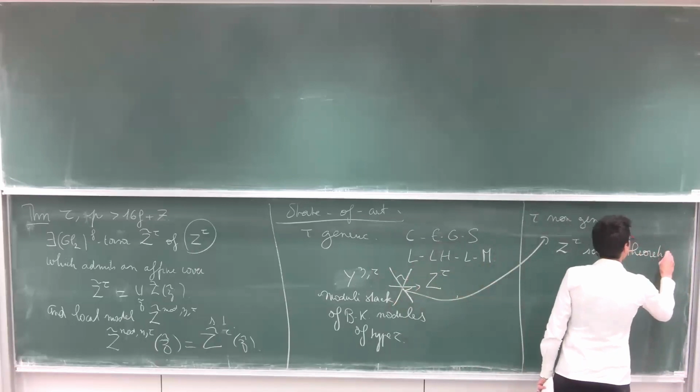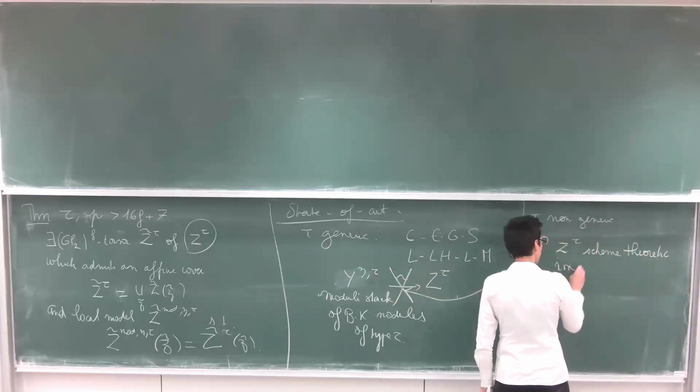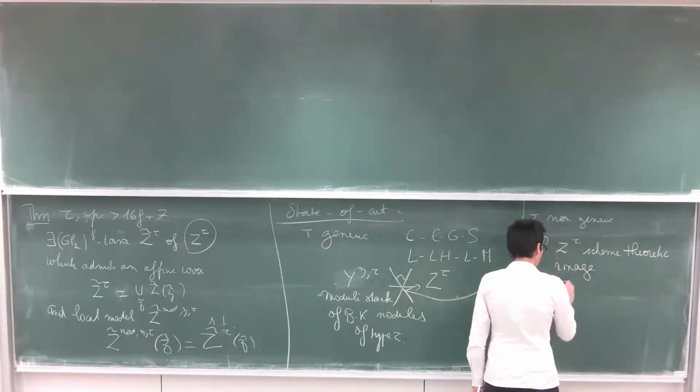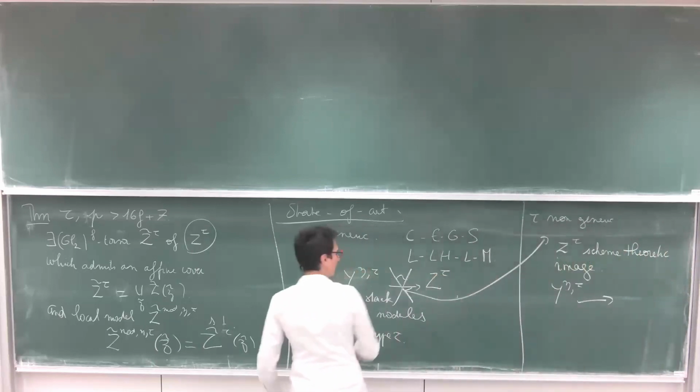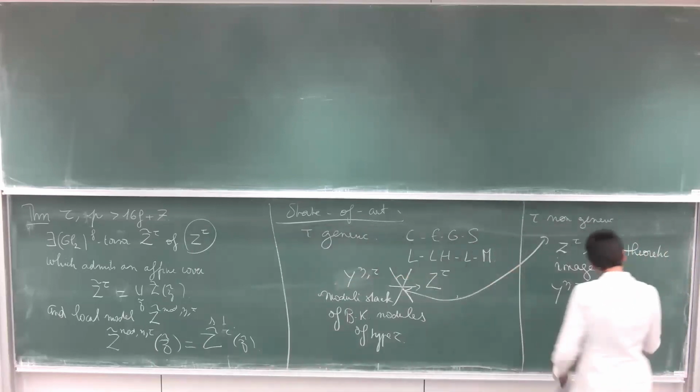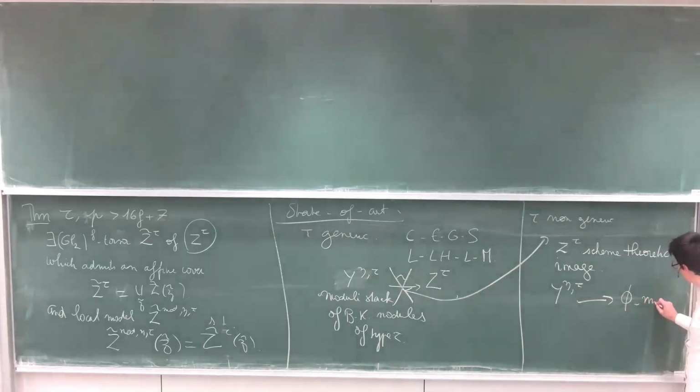In fact, the tau stack is only the scheme-theoretic image of a map from the moduli stack of Breuil-Kisin modules to the phi-module étale stack, which is another object which I will not define, but I will replace by something that hopefully I will define.